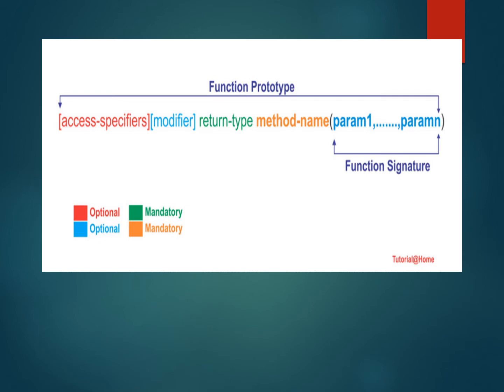Return type is mandatory to be specified. Then the method name followed by parameters. These are the list of formal parameters, param 1 up to param n, and the number and the type of the parameters specify the function signature. So the function signature plus the name of the method is collectively known as the function prototype.